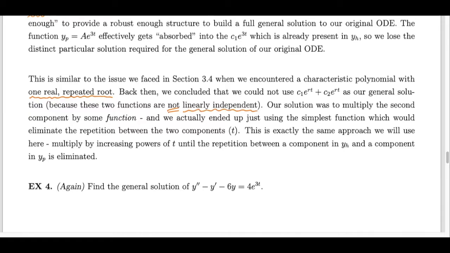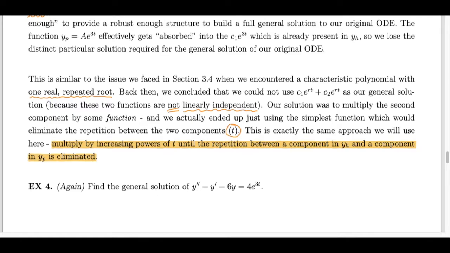Our solution back then was to multiply this second term by some function. And we used the simplest function we could think of, namely the function t. So we multiplied this second component by t. It turns out this is exactly the same approach we will use here.